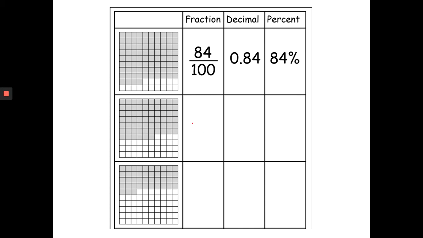Out of 100, so the denominator is automatically 100. Let's count the squares. 1, 2, 3, 4, 5, 6, 7, 8, 9, 10. That's 10. We don't actually have to count that every time, that's always 10, but I'm just counting for everyone to follow why I got that number.